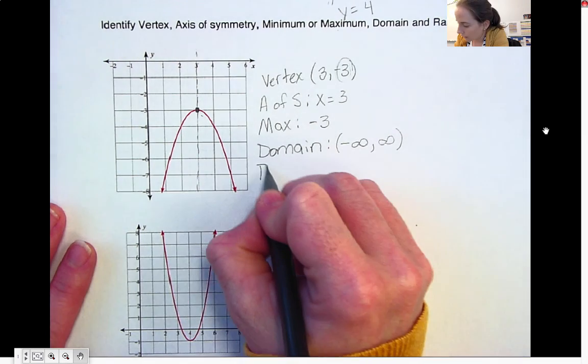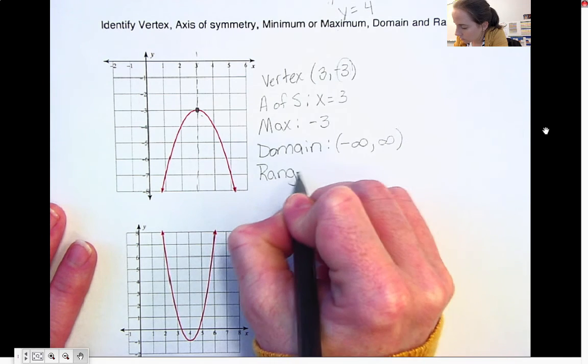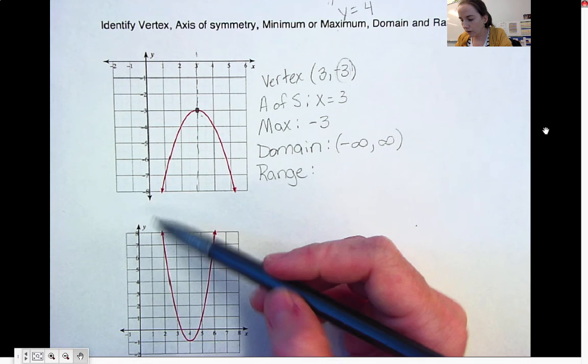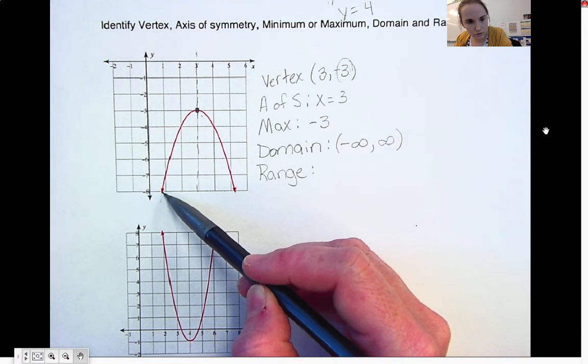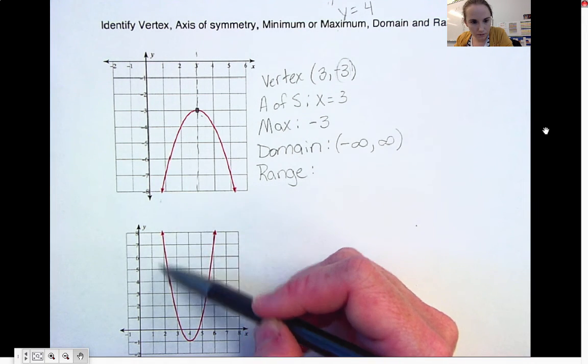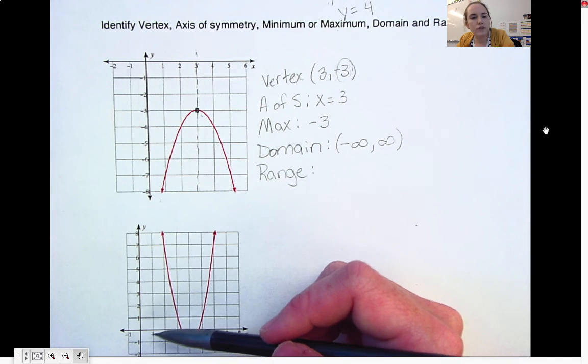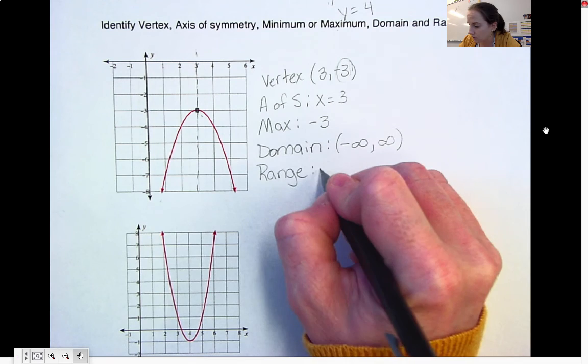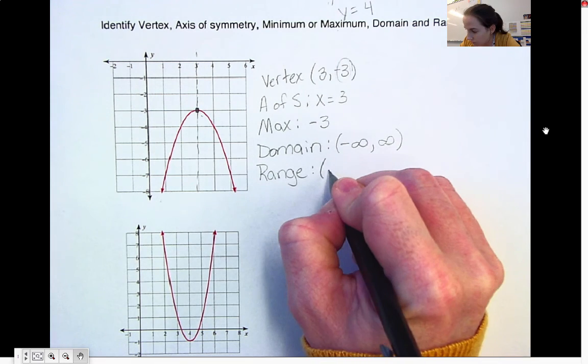Okay, the range. Range is your y values. So look at where your graph starts. Notice it has arrows, so we went down, down, down. If you think about where it started from, the lowest point, well, there isn't a lowest point. -infinity is where it's coming from.